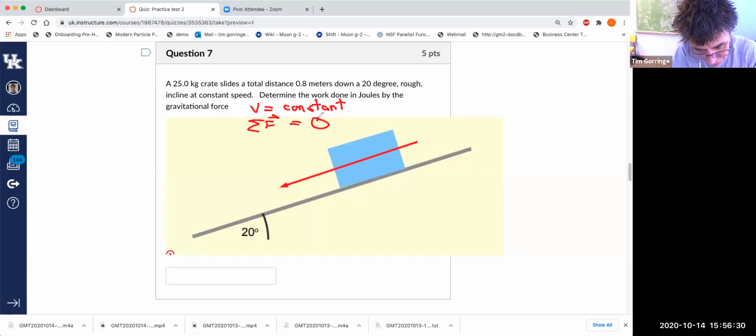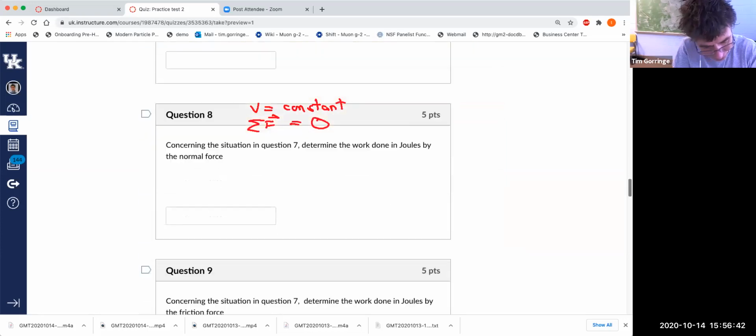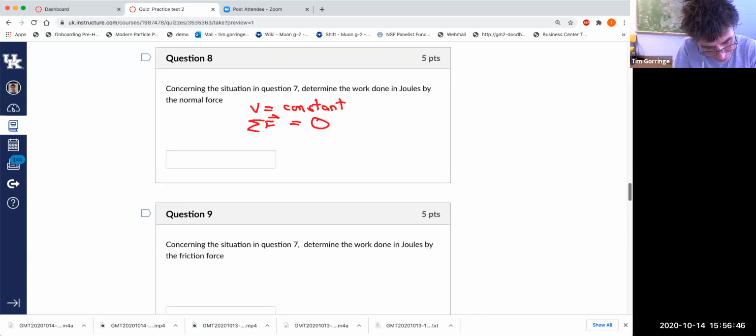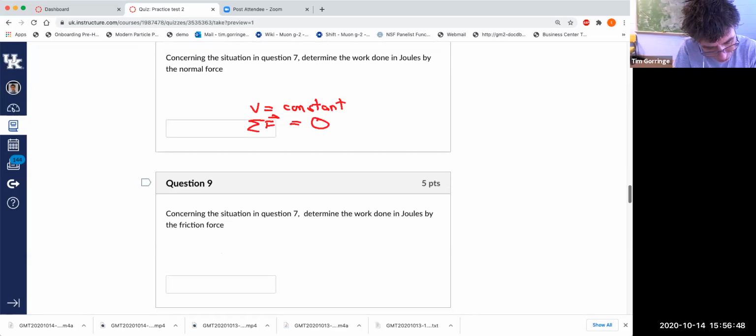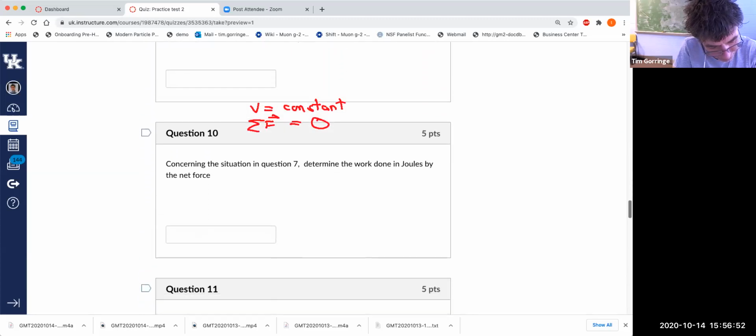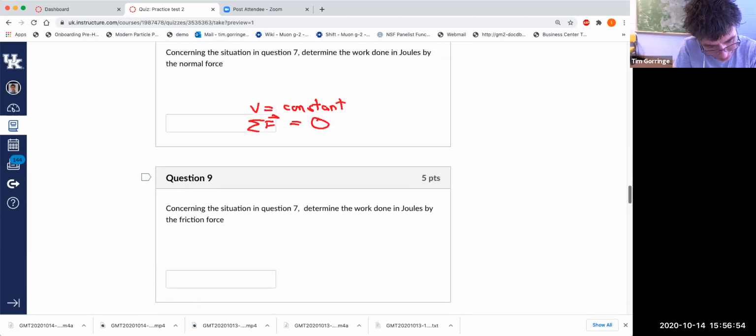Okay, so first of all, I'm going to draw all the forces. Actually, first of all, I'm going to just scroll down a little bit so I can see what work's done I've got to actually calculate. I've got to do the work done by gravity, work done by normal, the work done by friction, and the work done by the net force.